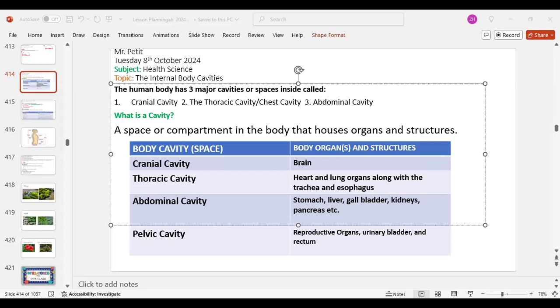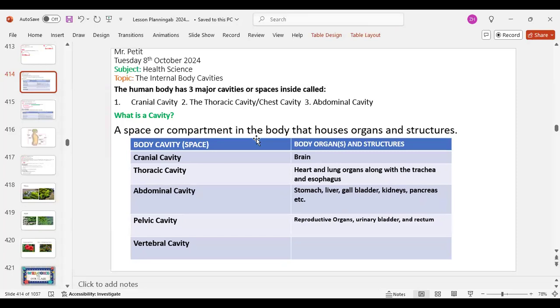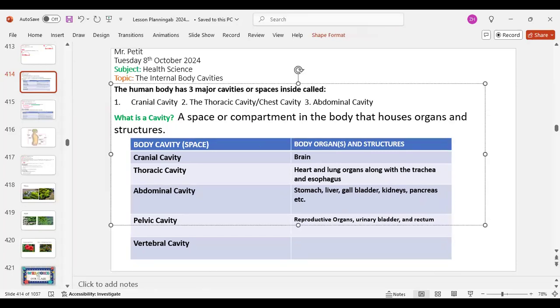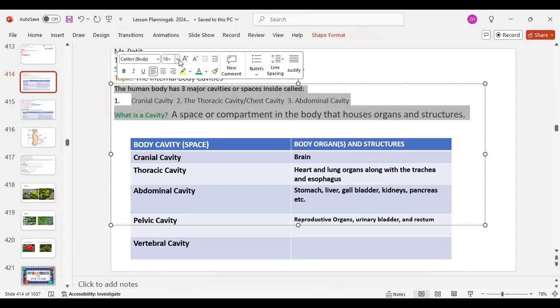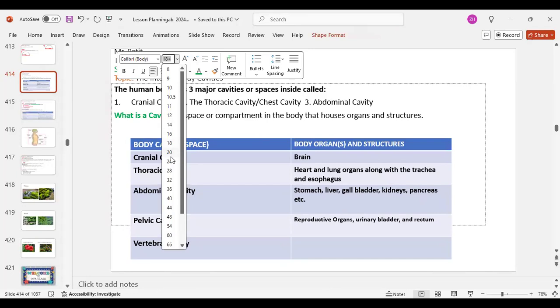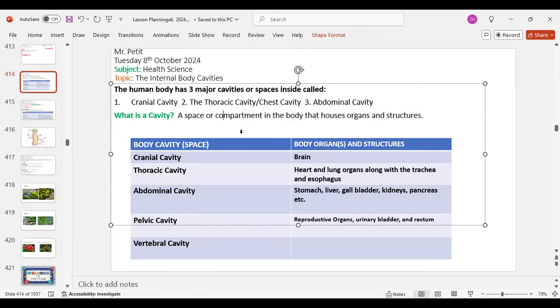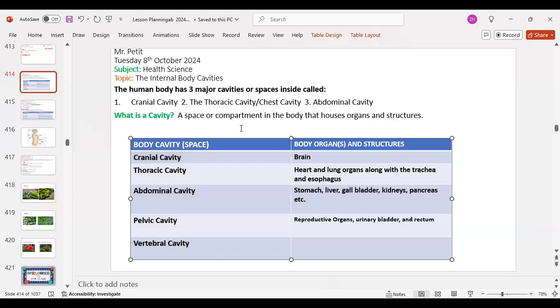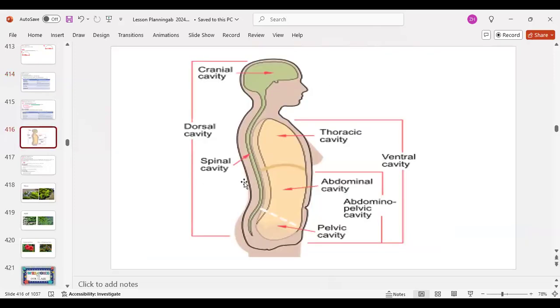Okay. The last cavity that I will look at is the vertebral cavity. Is it like where the spine is? Exactly. And just to show you the image again, the vertebral cavity is this place right now.